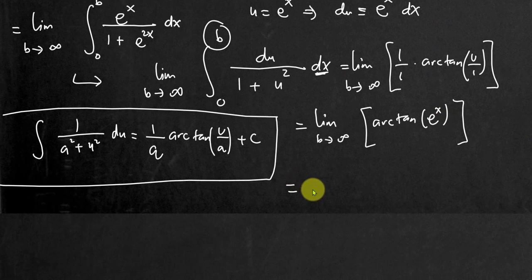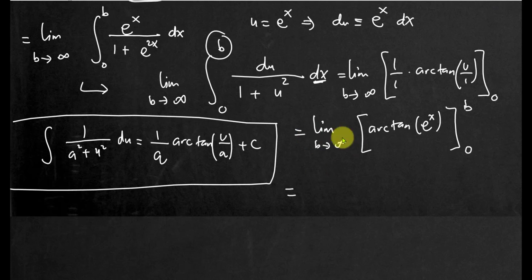I can find the limit. So this is the limit of b approaching infinity, and it goes from 0 up to b. Remember, this is the interval from 0 to b. The limit is still outside. Okay? So we still keep the limit outside.